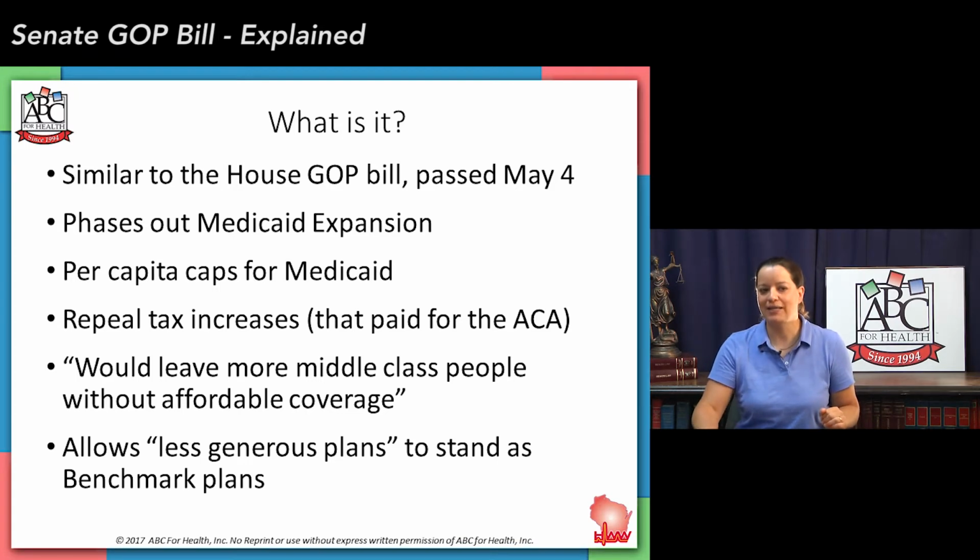Overall, it also allows less generous plans to be what are called those benchmark plans. You'll remember out of the Affordable Care Act that every state has to select what's called the benchmark plan, kind of the middle of the road average plan that covers all essential health benefits, is a silver tier level plan. It's kind of that middle of the road of which all actuarial values and other plans are kind of based.